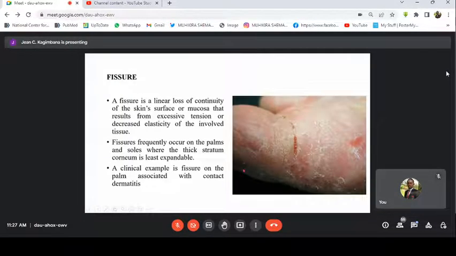Okay? Fissures. You see, when you describe here, these are scales. But here, you have these eroded regions, linear, which is a fissure.